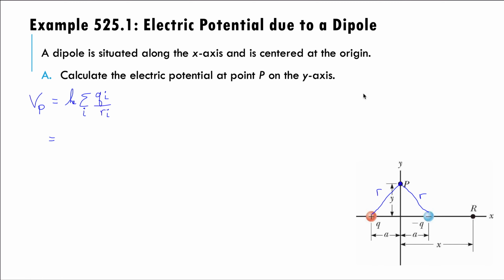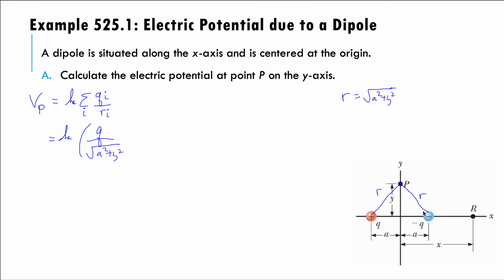We're going to use the Pythagorean theorem. r is going to equal the square root of a squared plus y squared, since the distance from point P is y. So we're going to have Ke times Q, and we don't square the r, it's just r, so the square root of a squared plus y squared.